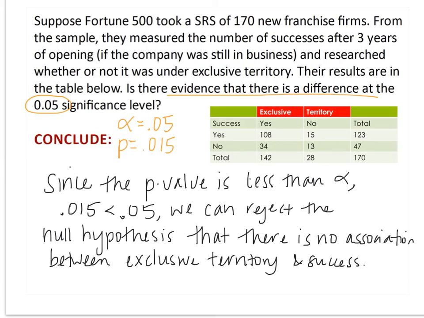So essentially I'm saying there is a relationship, there is an association. In this conclusion, when I reject the fact that there's no association, I'm in turn saying it does matter. If you're in exclusive territory, you're more likely to be successful. That's what this conclusion is saying, and I say that by rejecting the claim that there's no association.